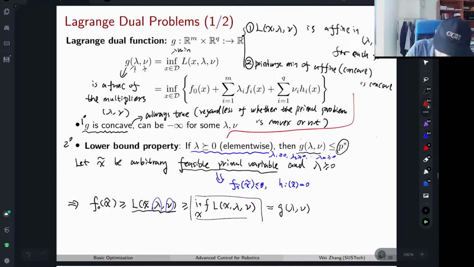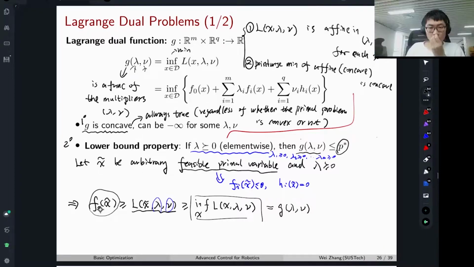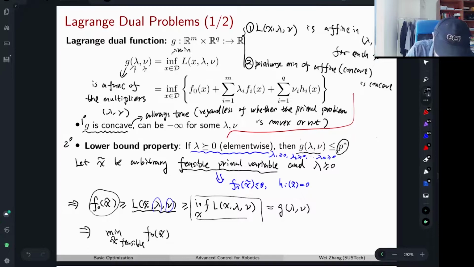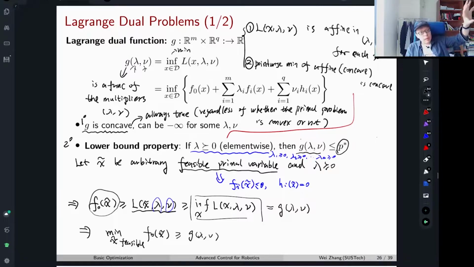Because for arbitrary feasible values, this cost function is bigger or equal to this particular dual function, then we can say if I take a minimum over x tilde feasible, f0 of x tilde is also bigger or equal to that. So you can think about this.